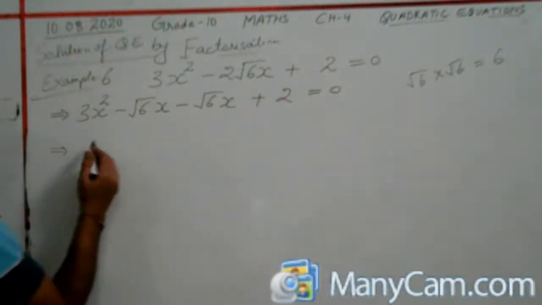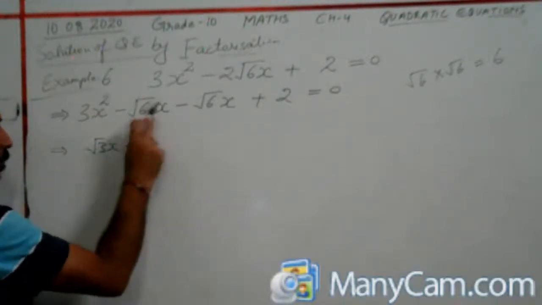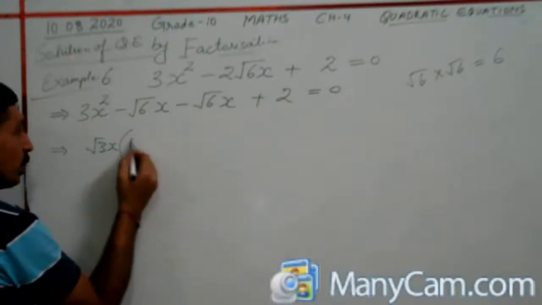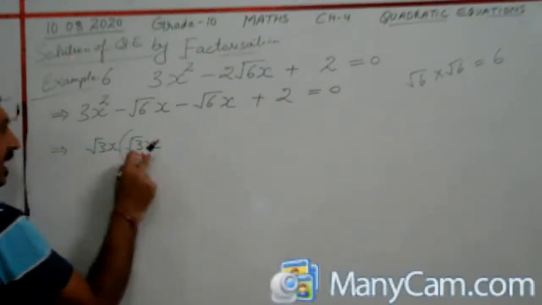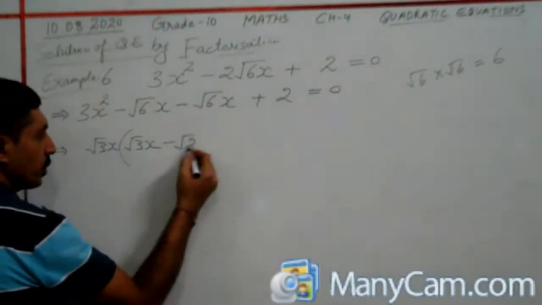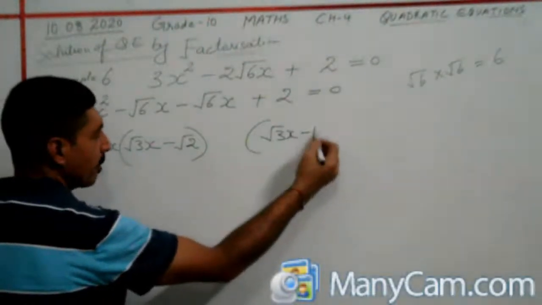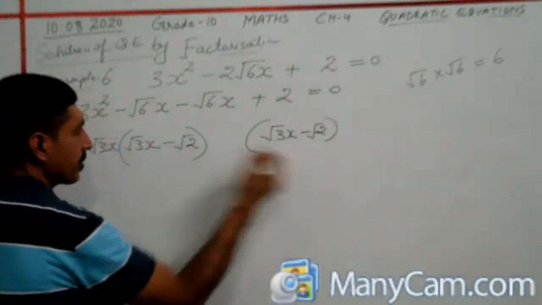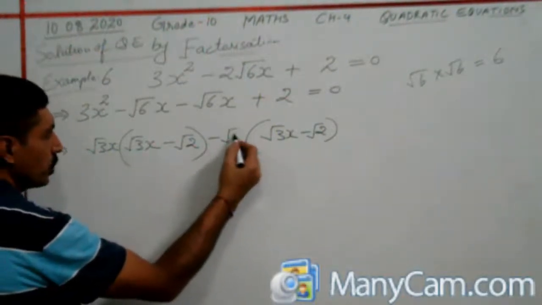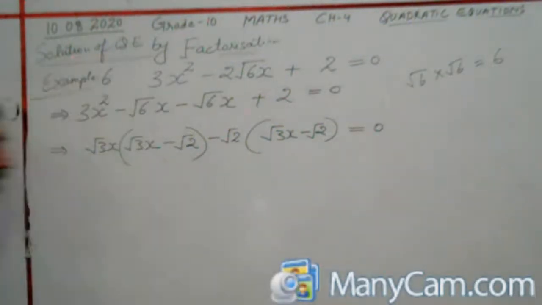We can take under root 3 common outside. Why? Because here we have to go for under root 3. So here under root 3 into under root 3x, we get 3x square, minus under root 2. Similarly here under root 3x minus under root 2 here, right? But here what we know, minus of under root 2. This is equal to 0 here, right?